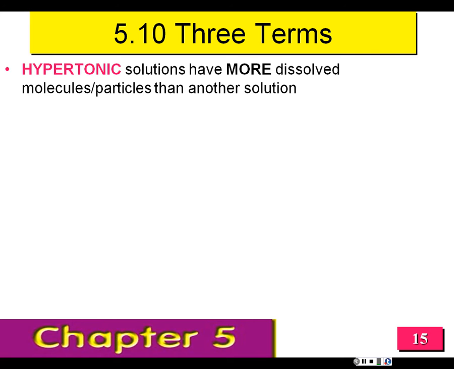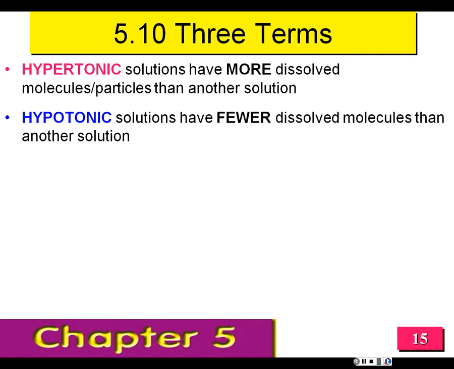All right, hypotonic. So hypo means what? Below, lower. So hypotonic solutions have fewer dissolved molecules or particles than another solution. So it has less solute, whether it's sugar, salt, whatever. It's less of those than the other solution.